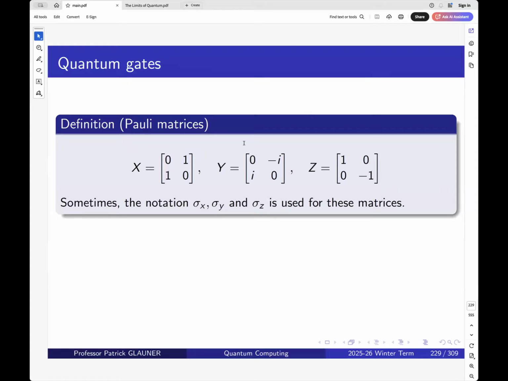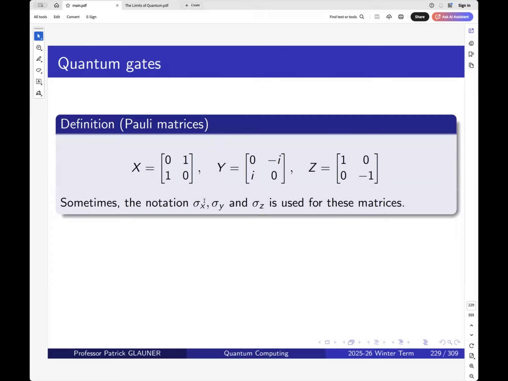We will later see how we can interpret them from a perspective of what they do to the qubit. The X is fairly easy. It just flips the bit for a binary setting. If you apply it to a qubit, we would eventually just see that we change the complex amplitudes, and the Y and the Z matrices do something different, but we will see this later.